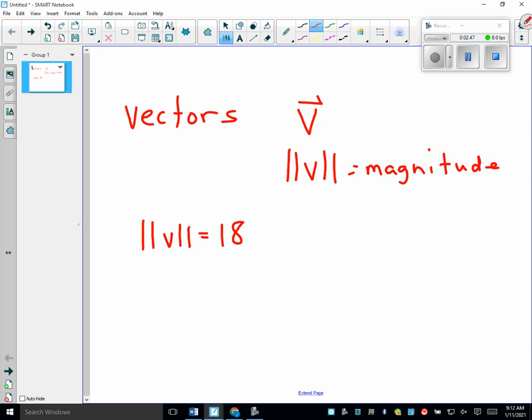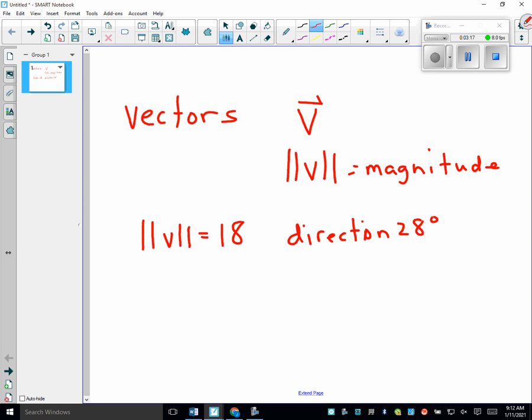And if it has a direction of, let's say, 28 degrees, even though I told you we are through with trig, that doesn't mean you don't have to use it. Now, the good thing is, most of the time, you'll use your calculator.